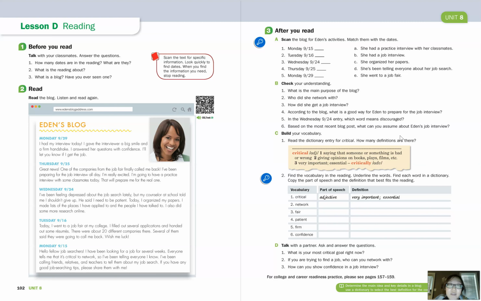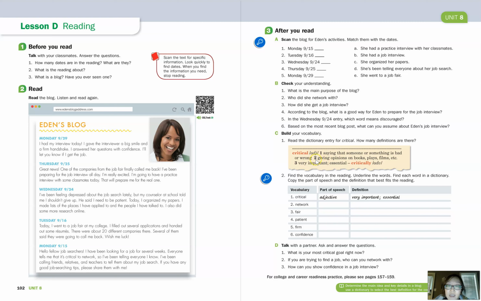You might have seen reviews from movie critics and food critics, and those people talk about whether the movie or food is good or bad. So they talk about their opinions. That's where we get the word critic.